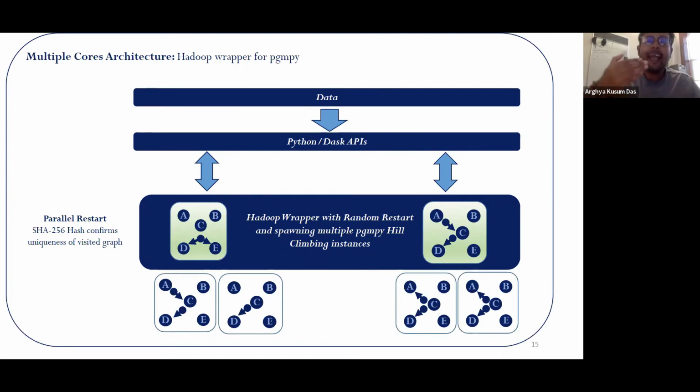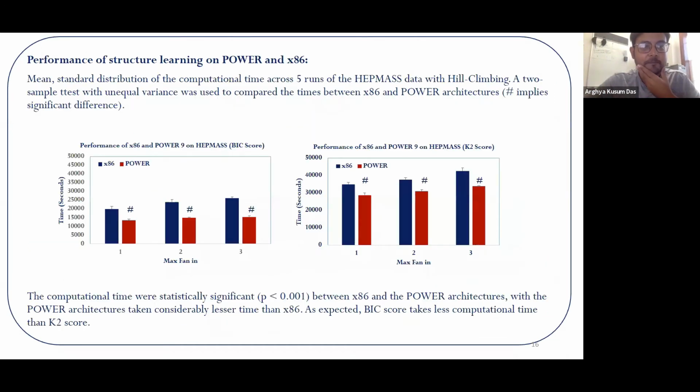So what we have done is we have distributed the 10.5 million data set using the Dask APIs over the nodes of many memories. And then we have written a Hadoop wrapper on top of the PGMPy hill climbing instance. So this is how we have parallelized our entire algorithm and then run it on our IC922, which offers 160 virtual cores. So the next slide, Radha.